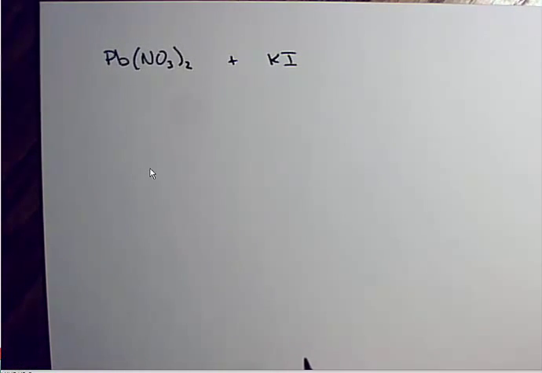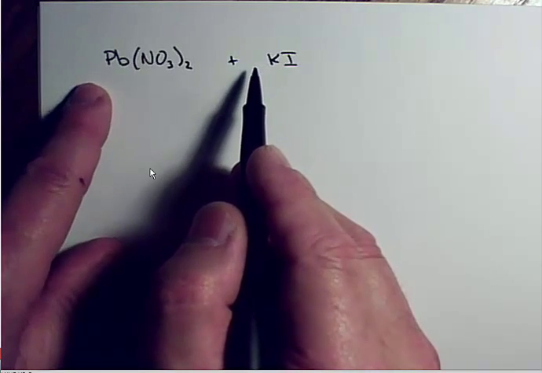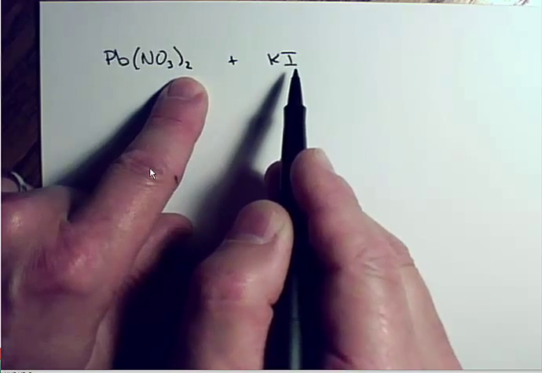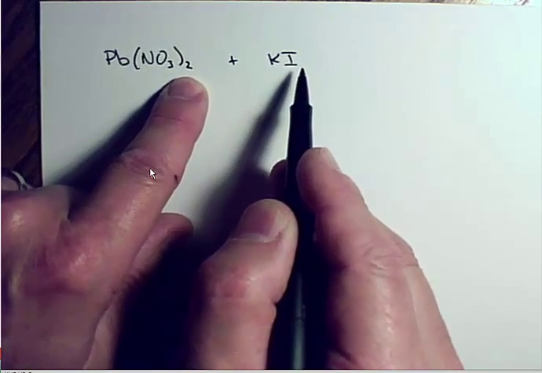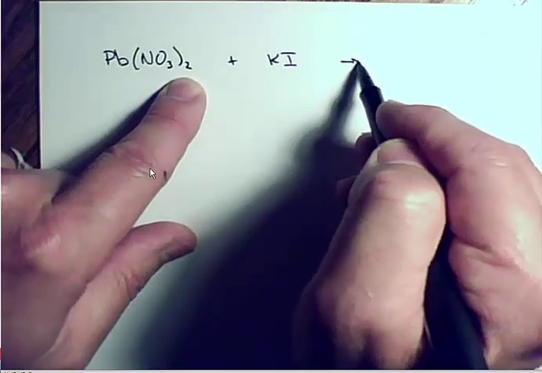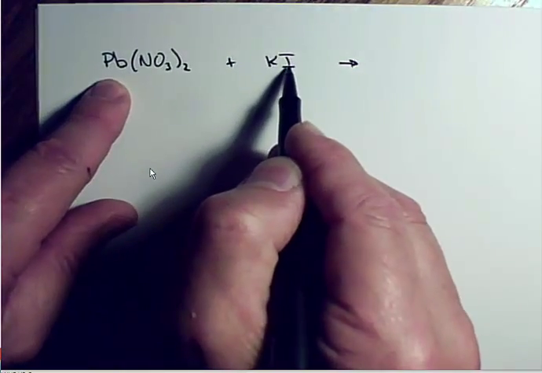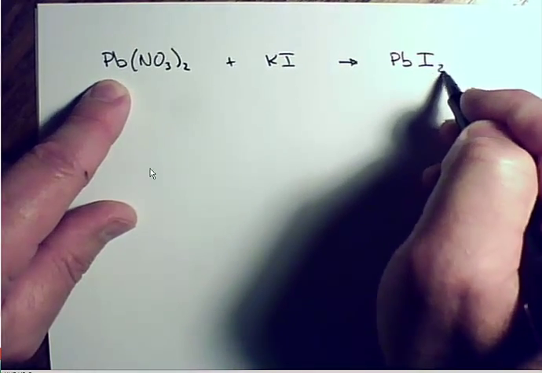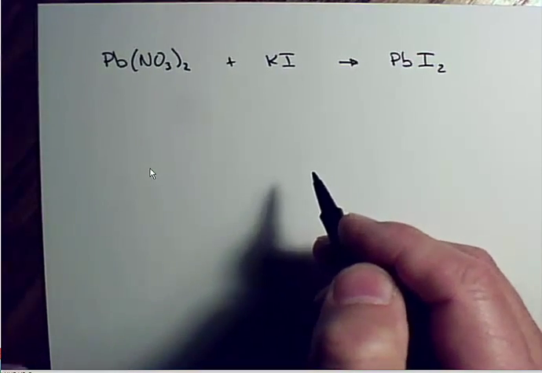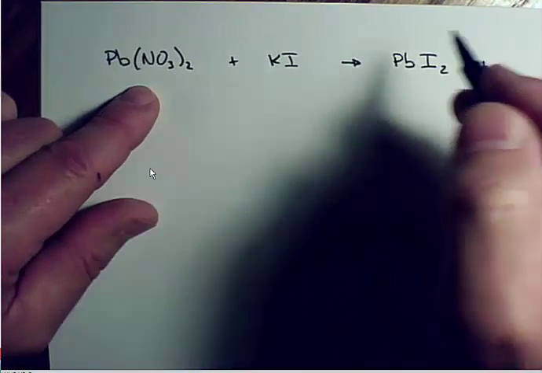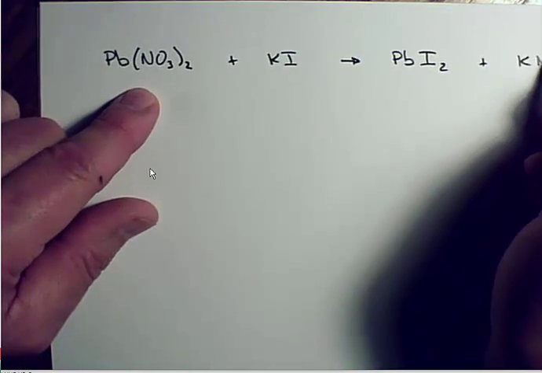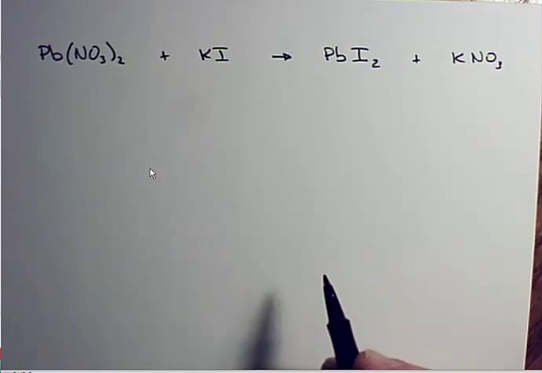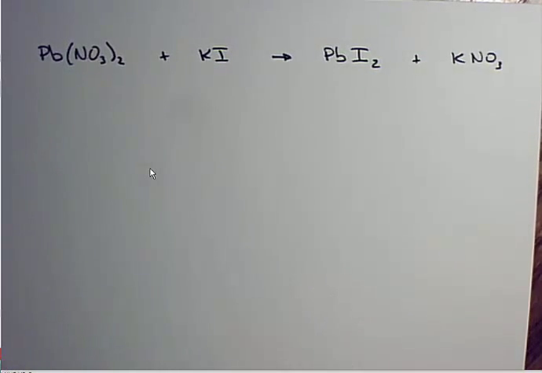You don't need the coefficients that go in front of these, and you don't need the physical states that we usually put after the symbol of the compounds to do molar mass. And when we put these together, we produce lead iodide. This is a double replacement reaction, so lead goes with iodine, which is a negative ion, so we call it iodide. And then we get potassium nitrate. Okay? So you have to calculate, for this homework, all of the molar masses for all 4 of these compounds.